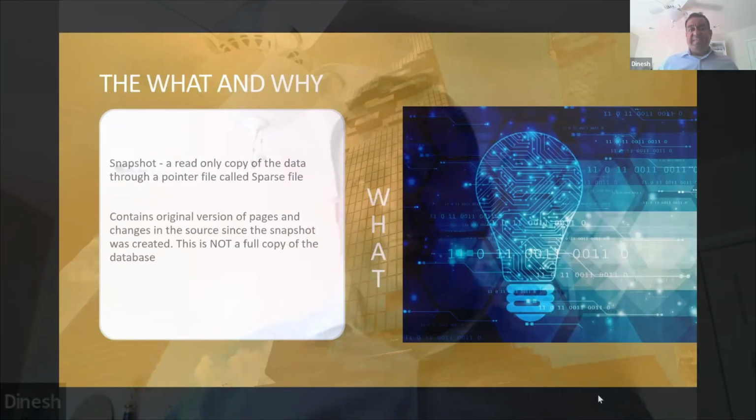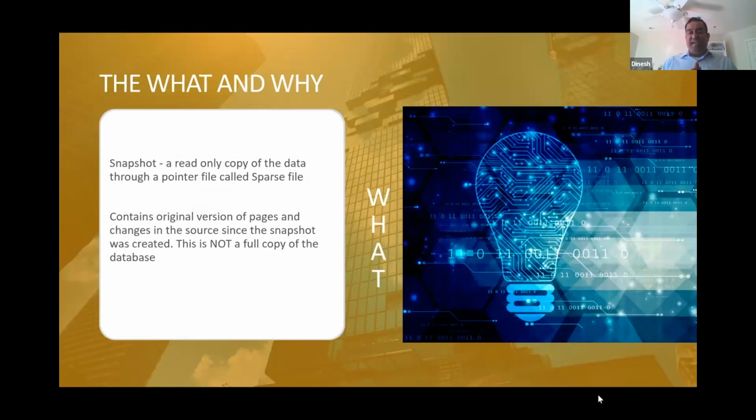A snapshot is a read-only copy of the data. A lot of this is accomplished through what you call a pointer file, or a sparse file. There are several terms for it: sparse file, side files, and others as well. But essentially, that sparse file or side file is your change data capture mechanism or your metadata mechanism. So whatever data changes in your databases, the changes are captured through that sparse file.